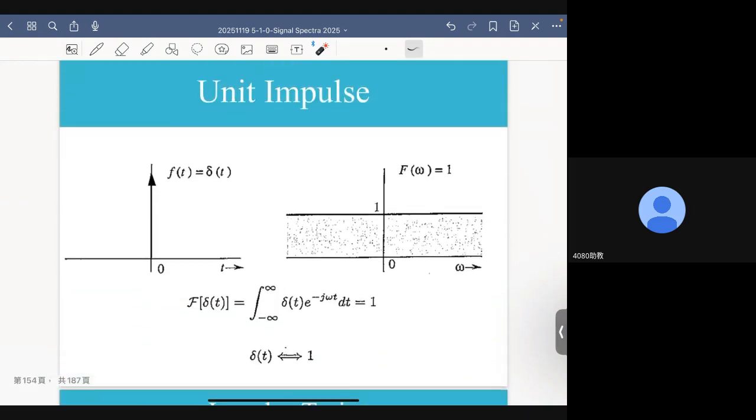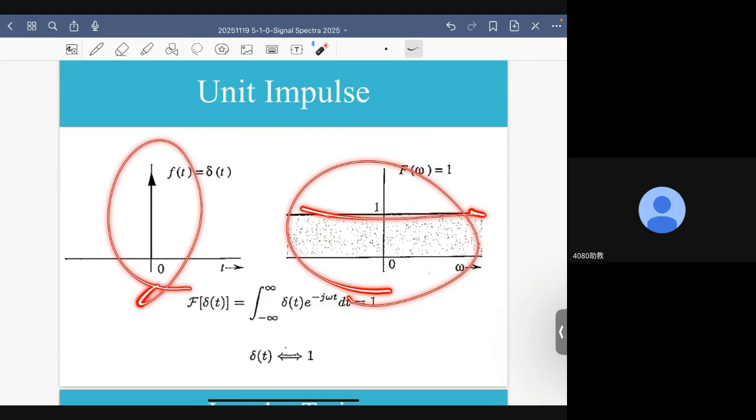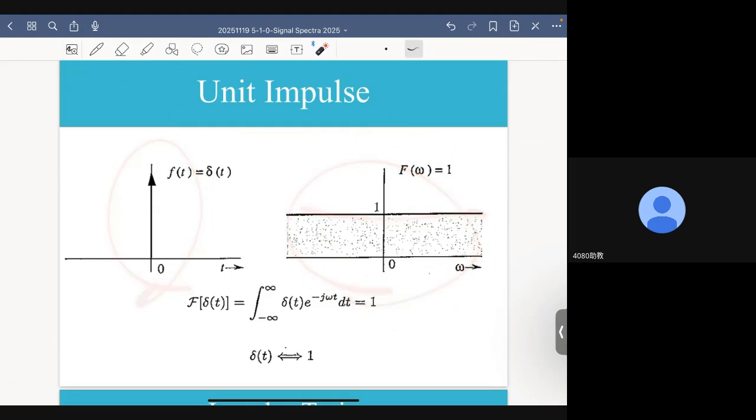Now, recall that the unit impulse function is a very important function for automatic control, okay? And if you take the Fourier transform or Laplace transform of that function, this is what you will get: a very, very unique amplitude spectrum, because this means this signal has every possible frequency component from 0 to infinitely large, right?